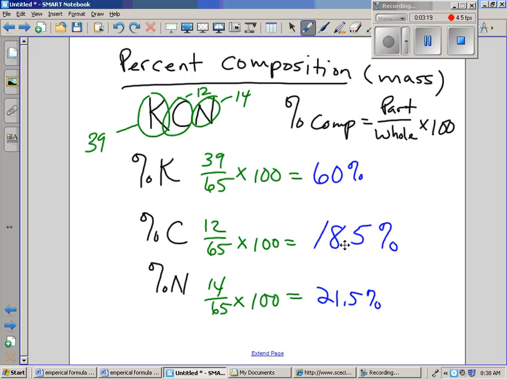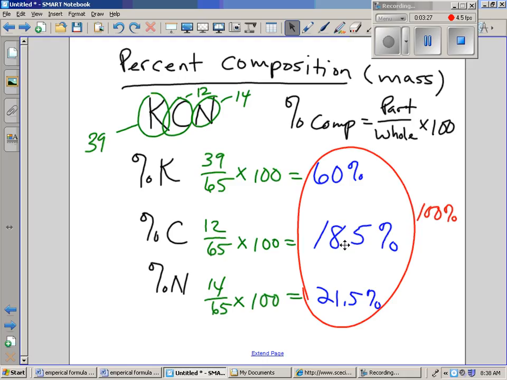Okay, these are correct. Add them up, you're going to get 100%. Once again, it doesn't have to be exactly 100 because of the rounding.